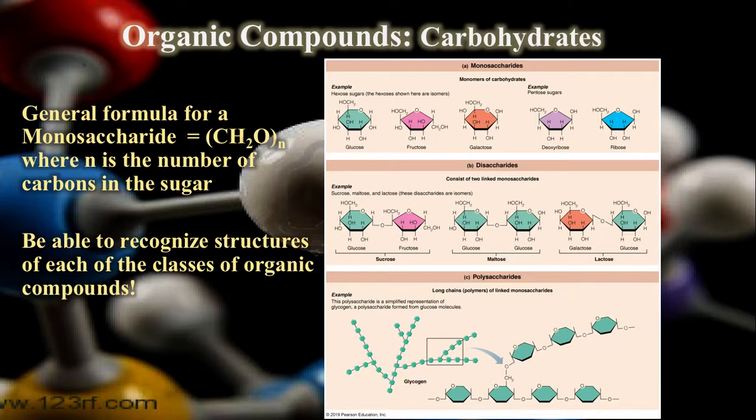Okay? Then, to make a disaccharide, we take any two monosaccharides and stick them together. So, sucrose is table sugar. So what you find in little packets. Okay? And it is specifically a glucose and a fructose stuck together. So if you stick glucose and fructose together, you are always going to get sucrose. Okay?